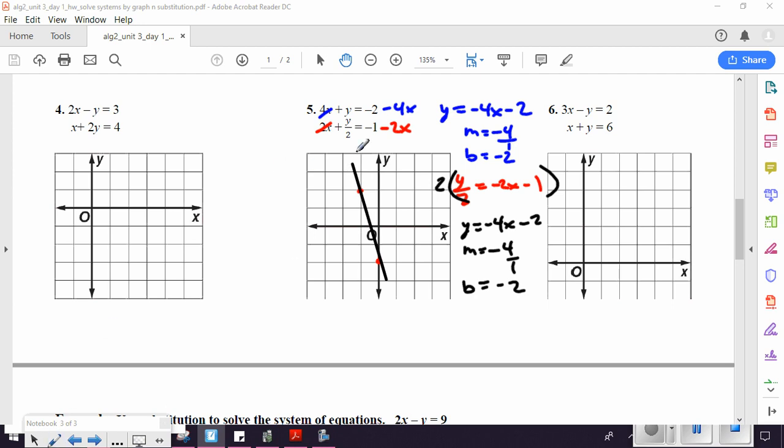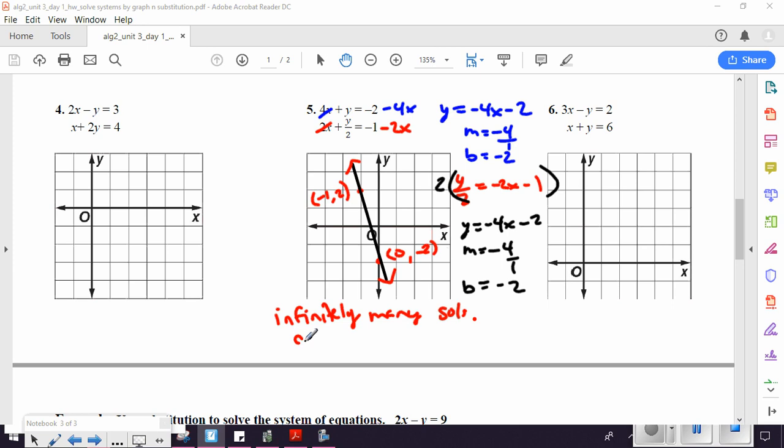Which means that this system has infinitely many solutions.